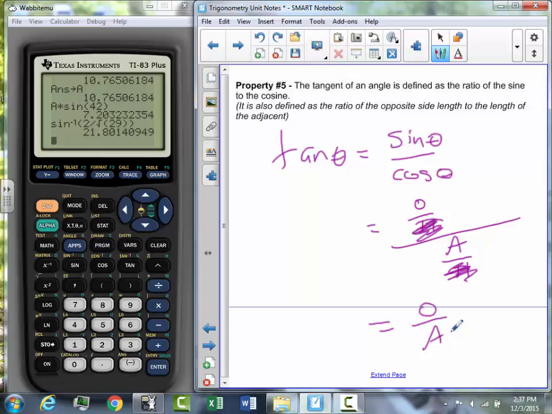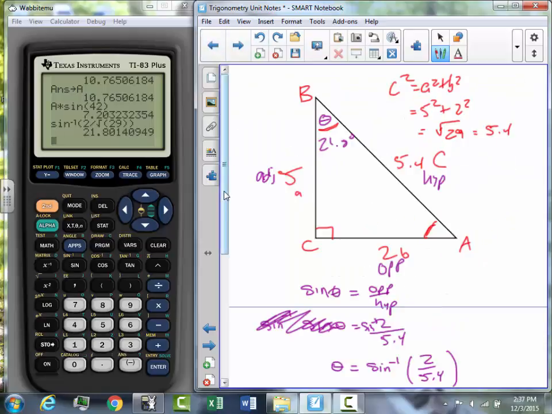Okay. I know it's a subtle difference, and honestly, it does not change your lives at all. But I think in junior high, it makes way more sense just to tell a kid it's opposite over adjacent. But technically, that's not actually its definition. Tan is actually defined as sine over cosine. And it just happens that when you do the math, it equals opposite over adjacent. That's all. So let me try using tan to solve the question that we just didn't use here.